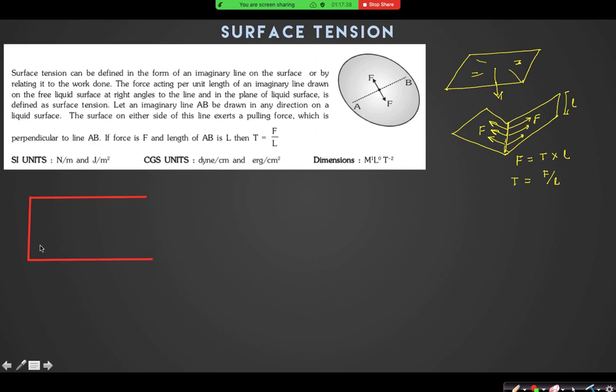Means you have made a wire bent in this C shape, and you have another wire which can freely move on this frame, right? So this is a rectangular portion, and you just dip this rectangular portion in a liquid solution. It will be easy to do if you have a soap solution, right?